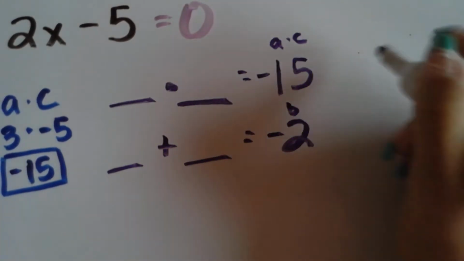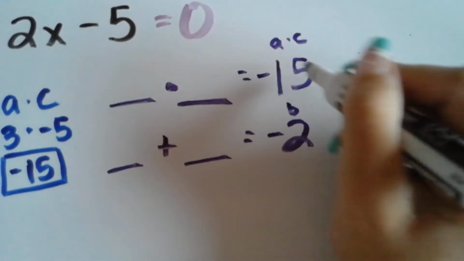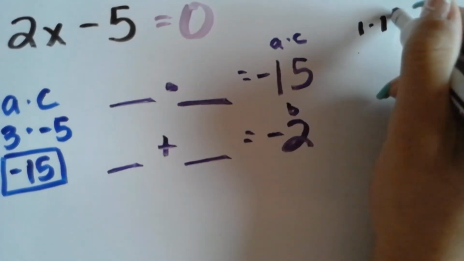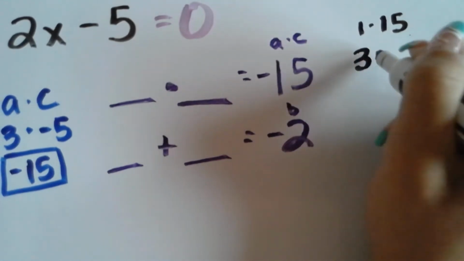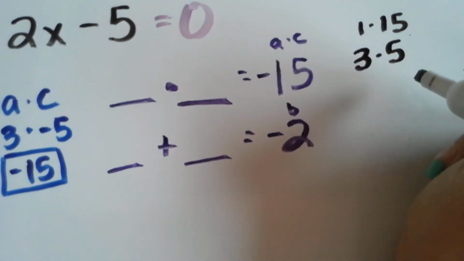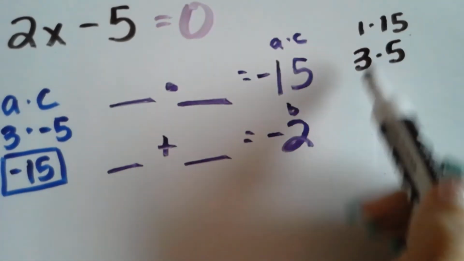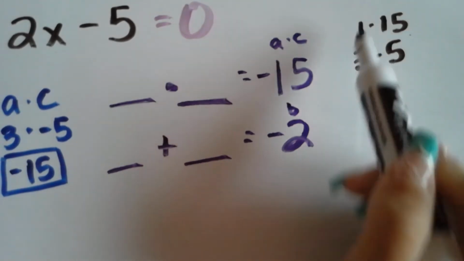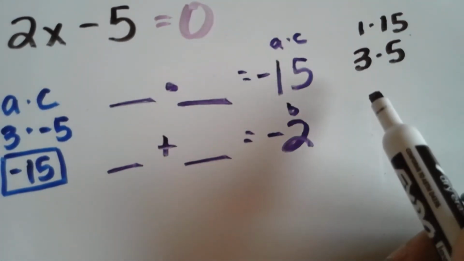Let's write them off to the side. And we'll come back to the negative, so let's just write what two numbers multiply to 15. 1 times 15, 2, no. 3 times 5, and that's it, okay? So we know that these two have to multiply to be a negative, so that means one of these columns, either this one or this one, is going to have to be negative.